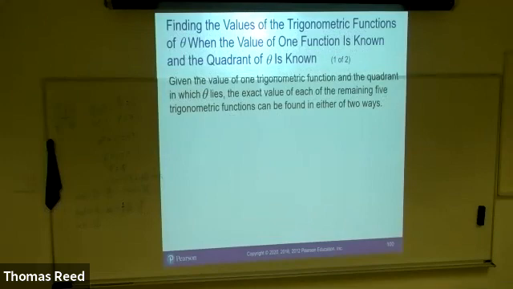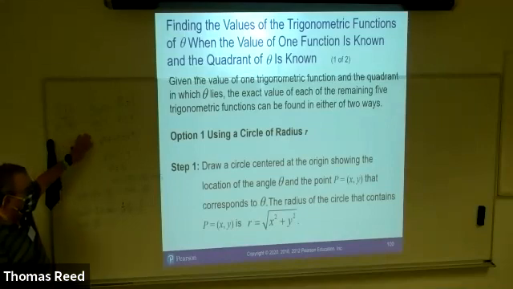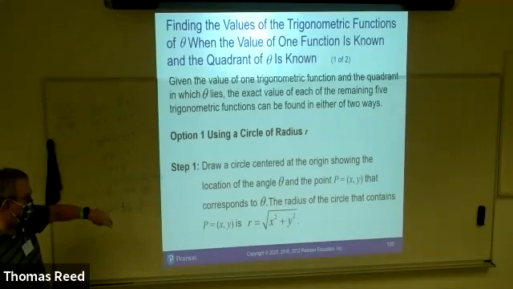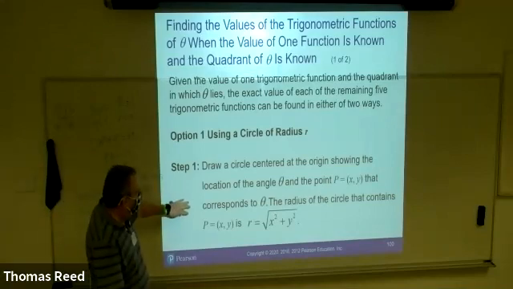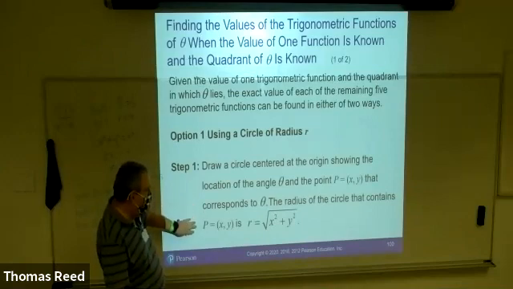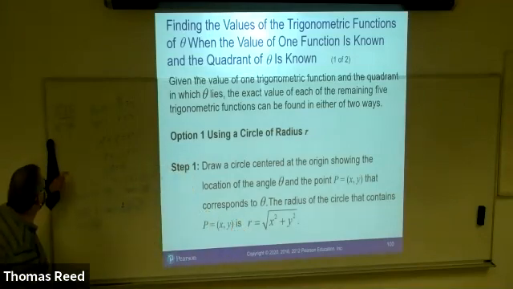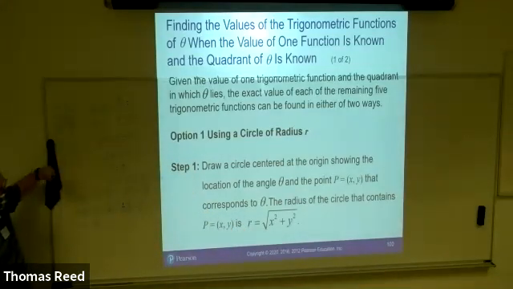So given the value of one trigonometric function in the quadrant, the exact value of each of the remaining 5 trig functions can be found in either one of 2 ways: using the radius, which is what we did here. Draw the circle, and then we find the radius using the distance formula, because it's centered at 0.